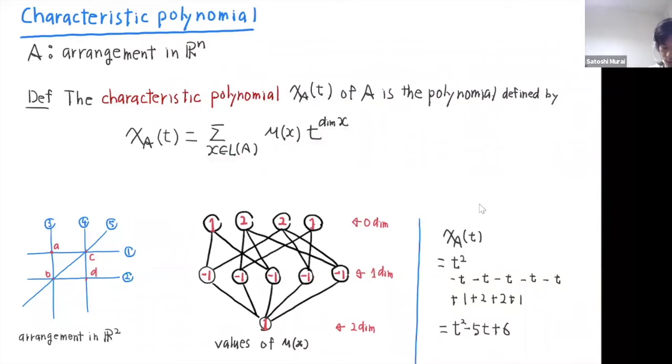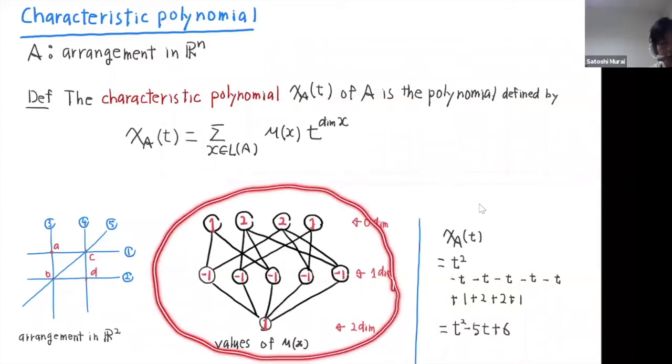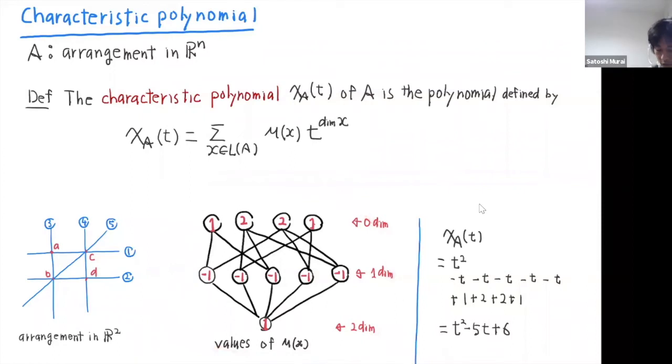So maybe again, I explain this by example. I already wrote the example of the intersection poset and the values of the Möbius function. Then the characteristic polynomial is obtained as follows.